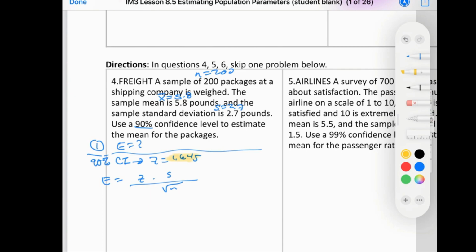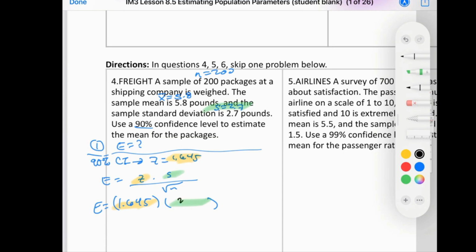All right, our Z score is 1.645. And then our S value is 2.7. See how that color coding helps?